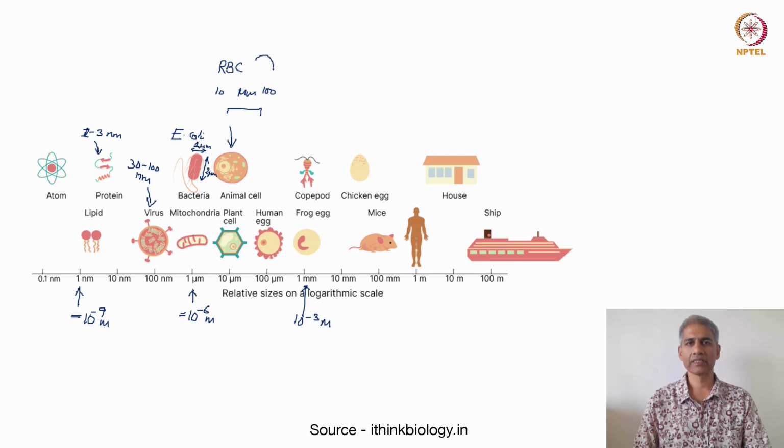And we know that this is a disc-shaped cell without a nucleus, and its size is about 7 microns in diameter, the size of an RBC, the most abundant cell within our body. So again, just as I asked you to remember the size of an E. coli cell, it's good to remember the size of an RBC. And so if you can't remember the number 7, it's easy to remember the number 10. So you could say it's approximately 10 microns.